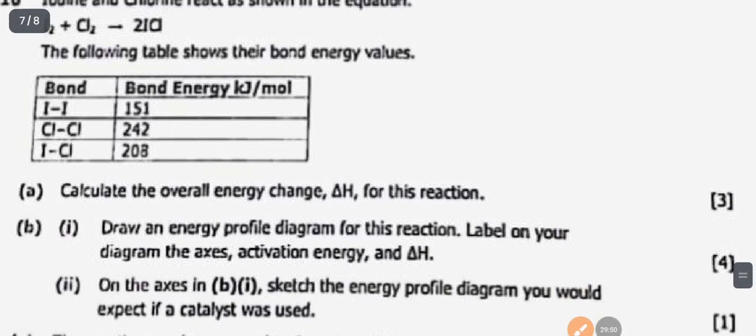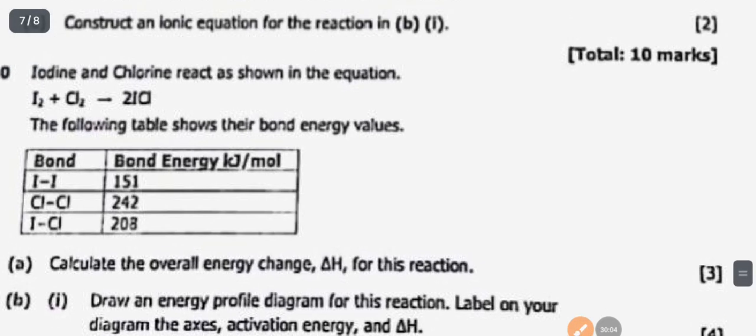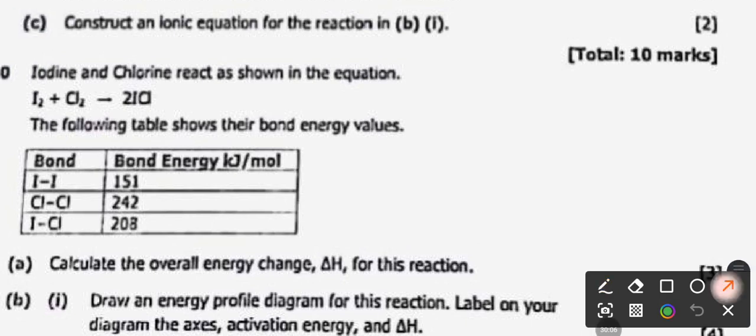Question B1. Draw an energy level diagram for this reaction. Label on your diagram the axis, activation energy, and ΔH. So for an energy profile diagram, you draw it like this. You have your y-axis like that and your x-axis.